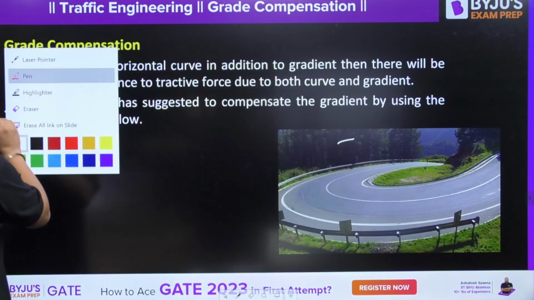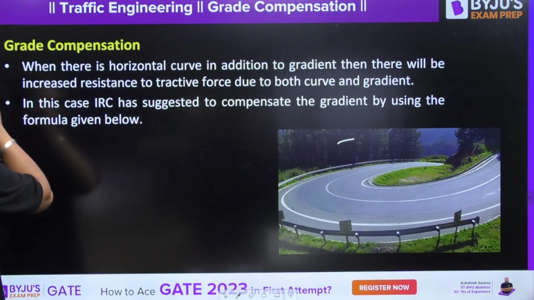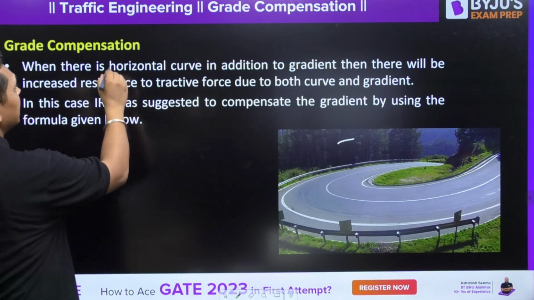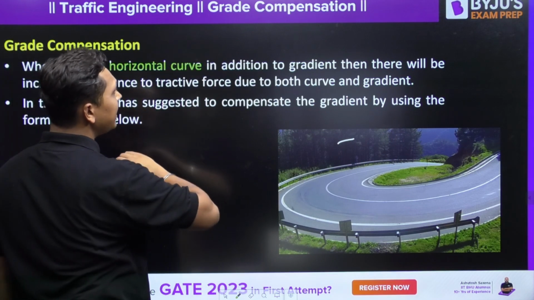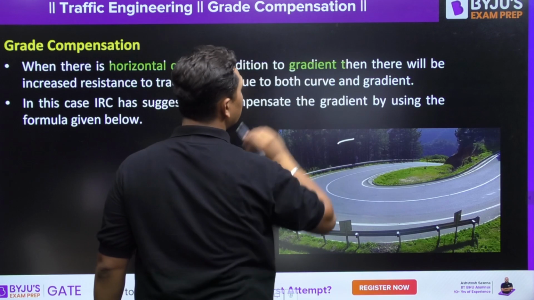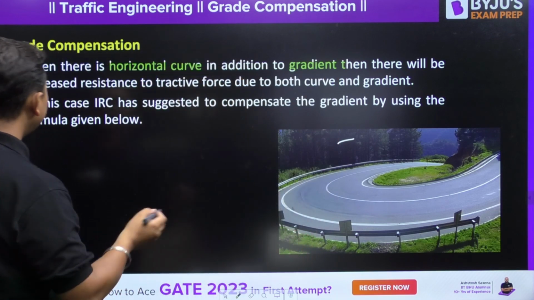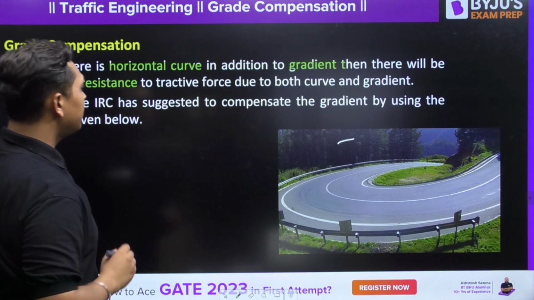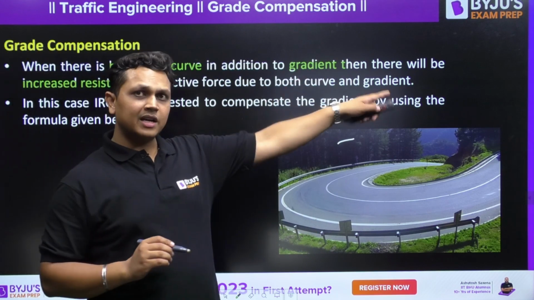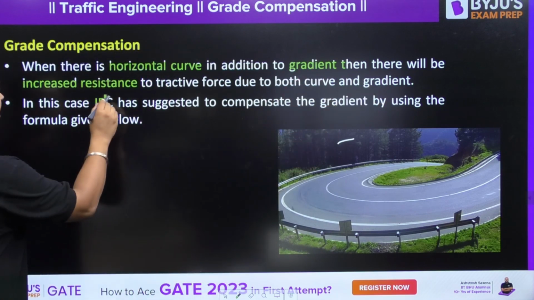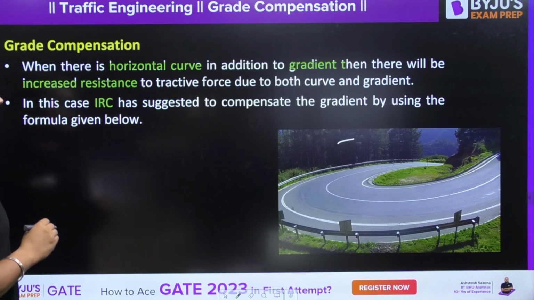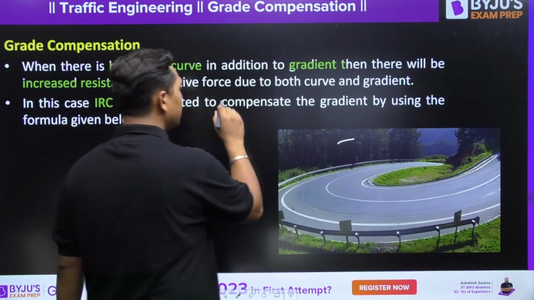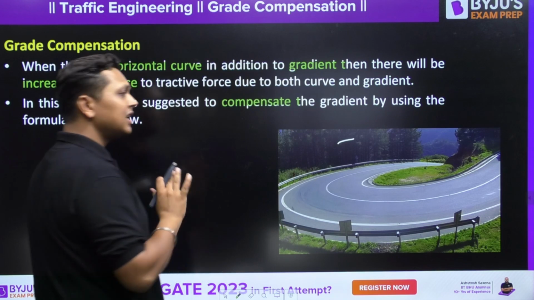So what is written over here? When a horizontal curve, in addition to the gradient, is there, then there is an increase in resistance to the tractive force due to both curve and gradient. IRC, Indian Roads Congress, has suggested to compensate the gradient by using the given formula.